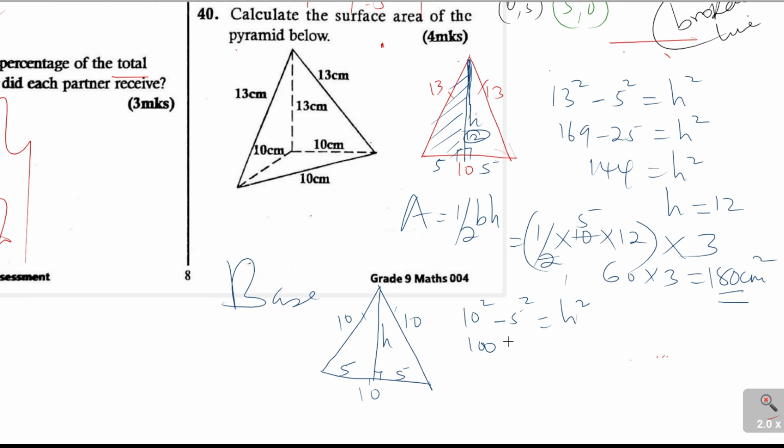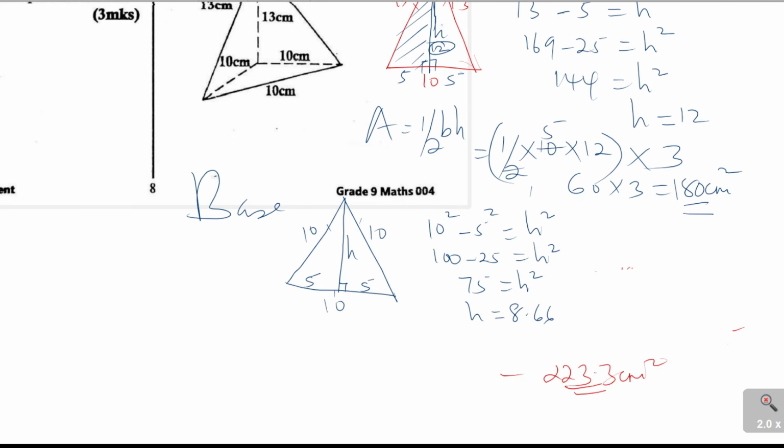So this will be 100 minus 25 is equal to height squared. So this will give 75 is equal to height squared. So height will be the square root of 75, which is 8.66 centimeters. So that is what you get.